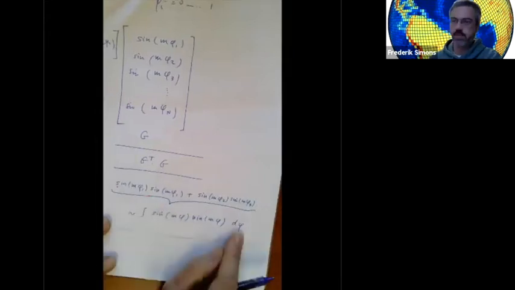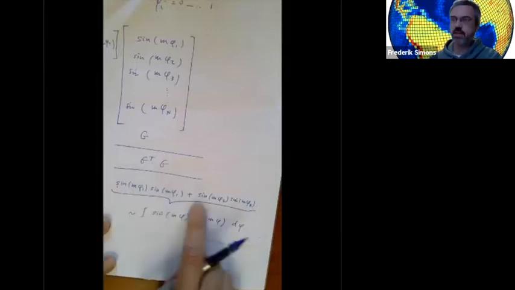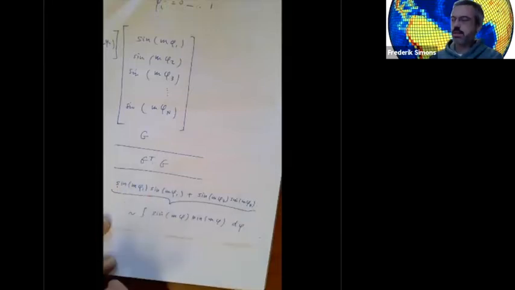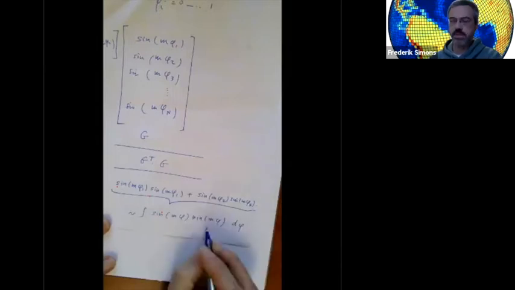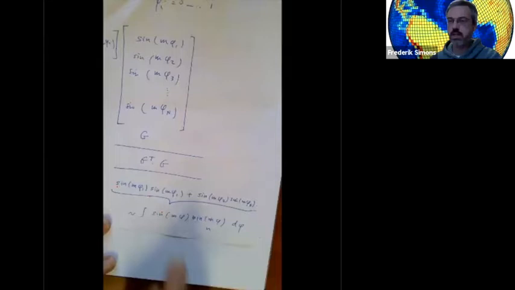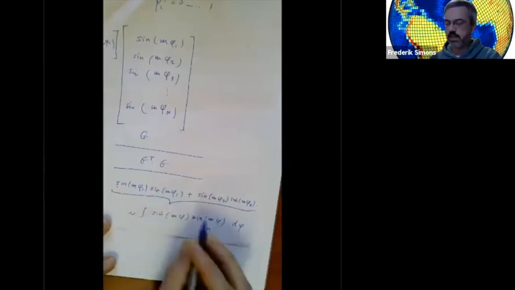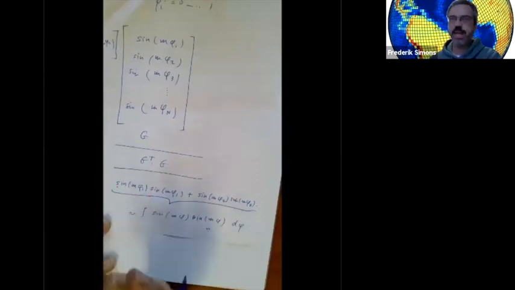So this thing is a discretized form of an integral. And I've been telling you that if you do this integral for different m's and n's, it ends up as nothing, zero. But if you do it for the same function, cosine or sine, of the same frequency m, you end up with a 1, properly normalized.